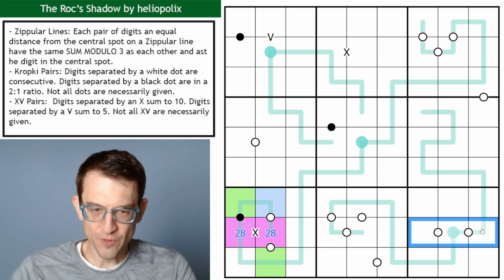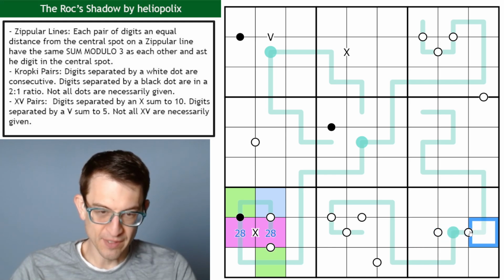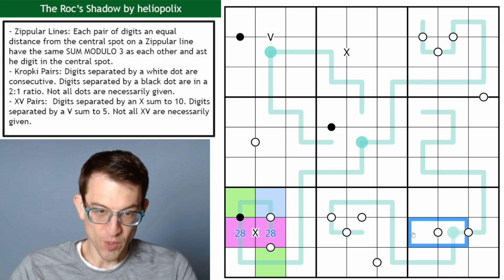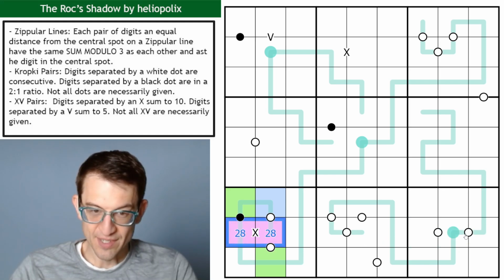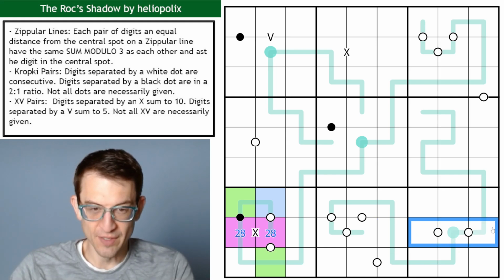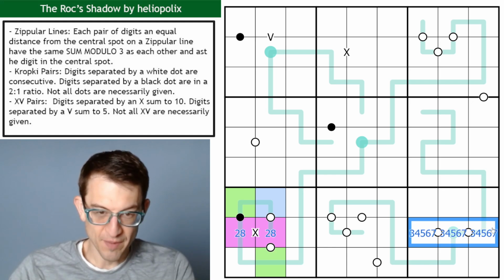5, I need 1 from each modular group here in the Kropki dots because I have a difference of 3. Or another way to think about that is I can't have a 1 in here because I can't have a 2. I can't have a 9 because I can't have an 8. And I can't have 8 or 2. So these digits are between 3 and 7, which means they have to have a 5 in it.